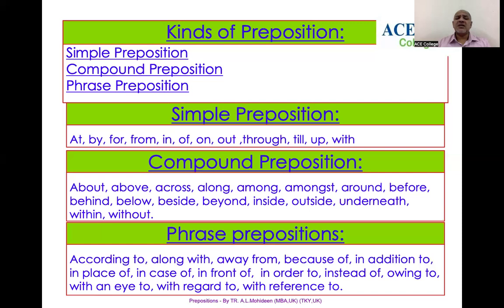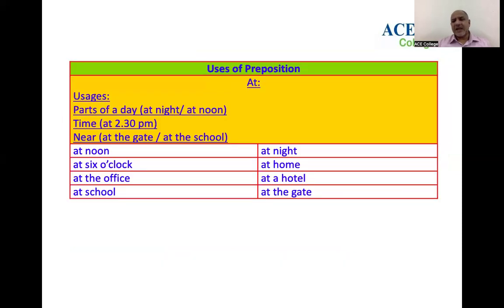Let's understand first the simple preposition "at." One by one, we will dig out. This is a very important preposition that we use in two situations: to talk about place and to talk about time. If you are going to tell the time, automatically you have to use "at." For example, I have a meeting at, I have a class at, then you have to put the time.